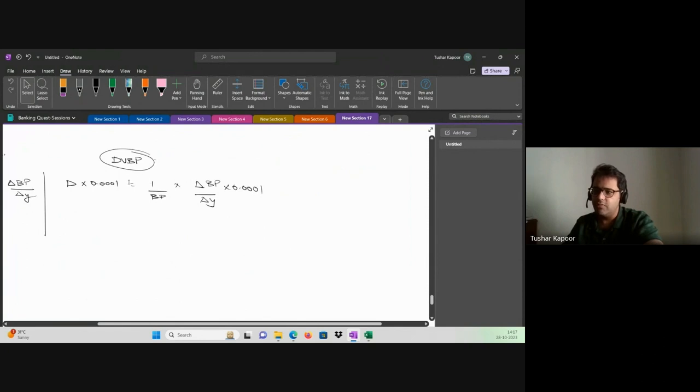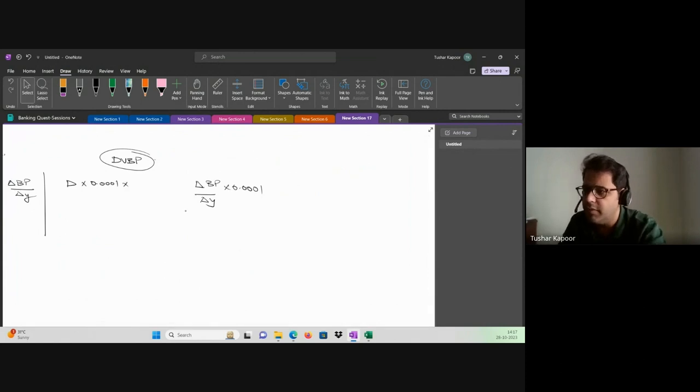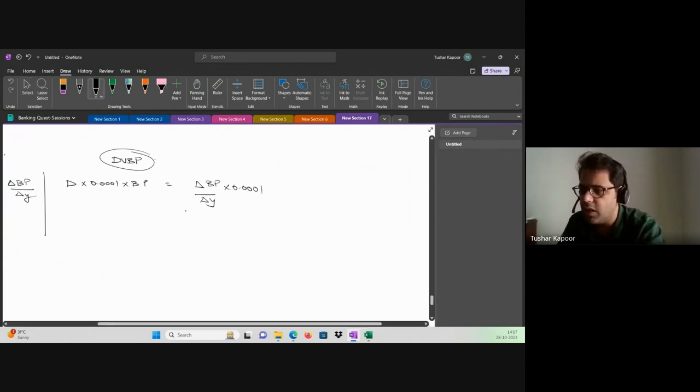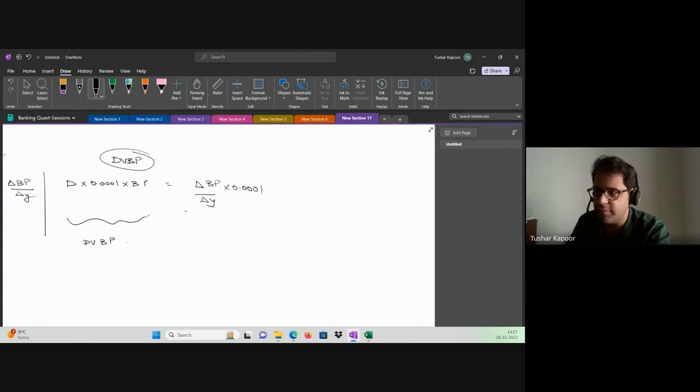The dollar value of a basis point is essentially this value multiplied by the bond price. So I can call this DVBP. One way is to write the DVBP formula as duration multiplied by 0.0001 multiplied by the initial bond price. Or I can write it as the change in bond price by the change in yield multiplied by 0.0001. Both approaches are used.